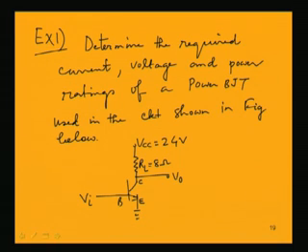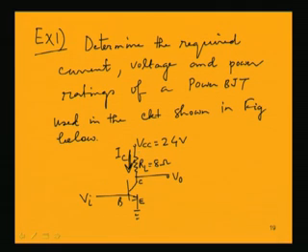In order to know the maximum collector current and maximum collector to emitter voltage, we have to draw the load line, or write the equation of the load line. That we can do if we consider a DC condition. The collector current flowing is IC in this direction.